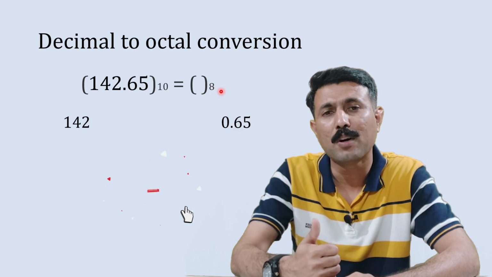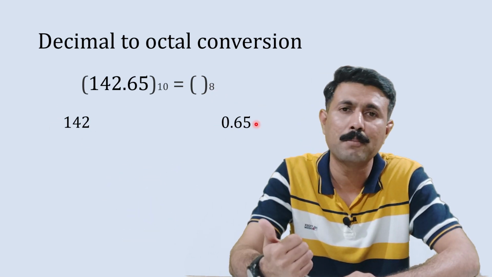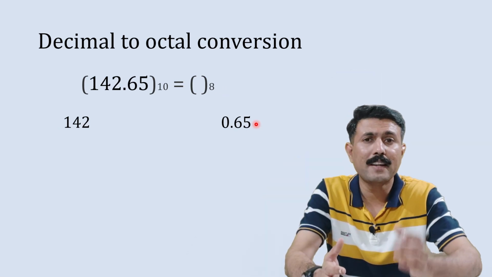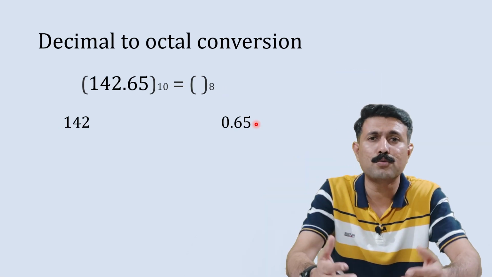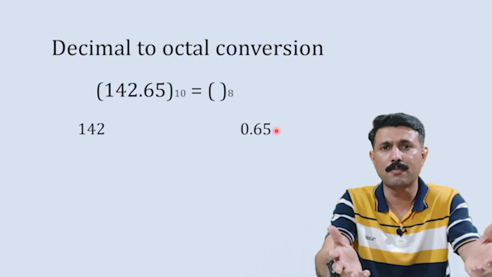Here we are supposed to convert it into octal number, so we'll divide it by 8 and we will multiply it by 8. For example, in exam it has been asked that you are supposed to convert it into the number with the base of 6 or base of 34.